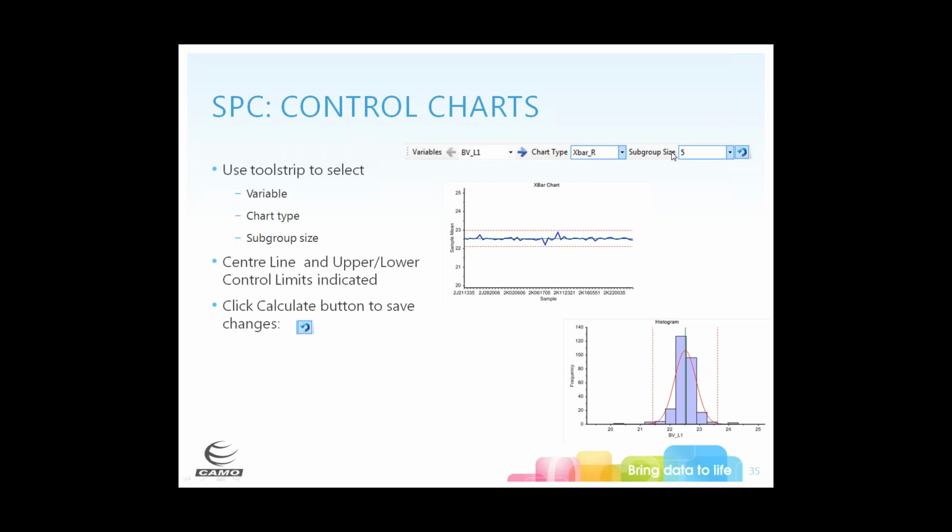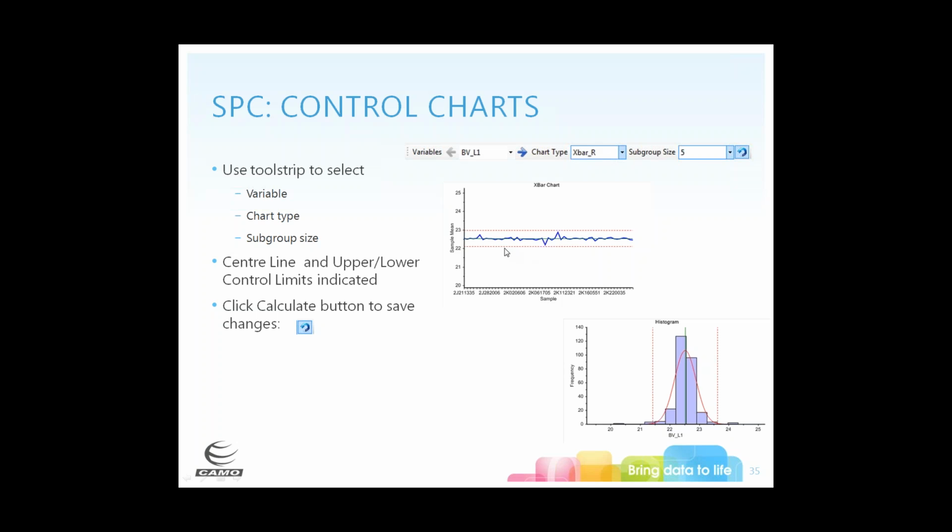And if you look at the means, mean range or mean standard deviation, you also select the subgroup size that you take the mean across. So that means that these are time series data, so if you specify a subgroup size of 5, you will take the mean of 5 consecutive samples that you monitor and trend.